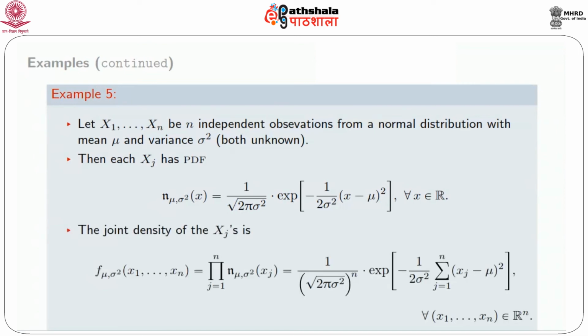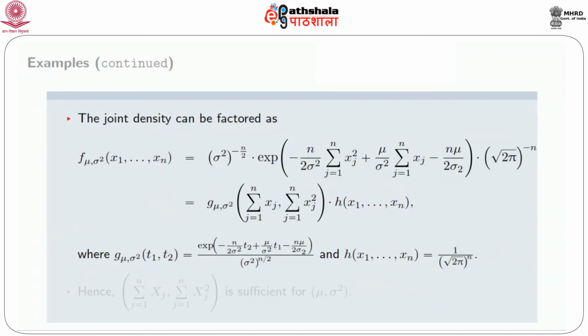The joint density of x1, x2, ..., xn is given by small f(x1, x2, ..., xn) equals (1 by root 2 pi sigma square) whole to the power n into e to the power minus 1 by 2 sigma square into summation over j from 1 to n (xj minus mu) whole square. Here each xi belongs to R.